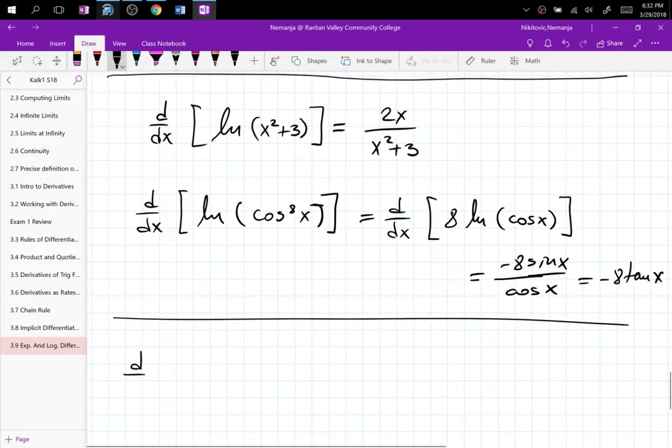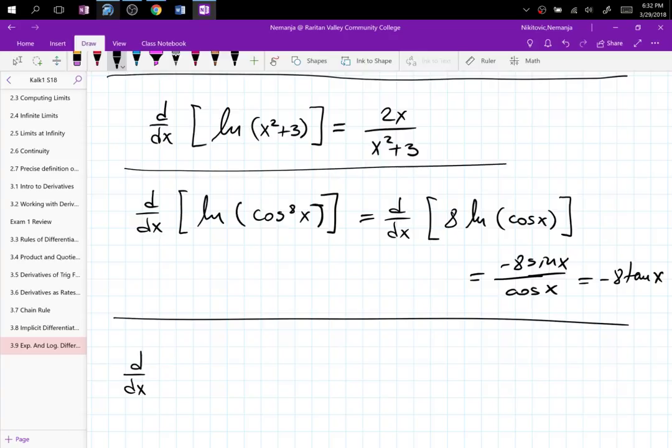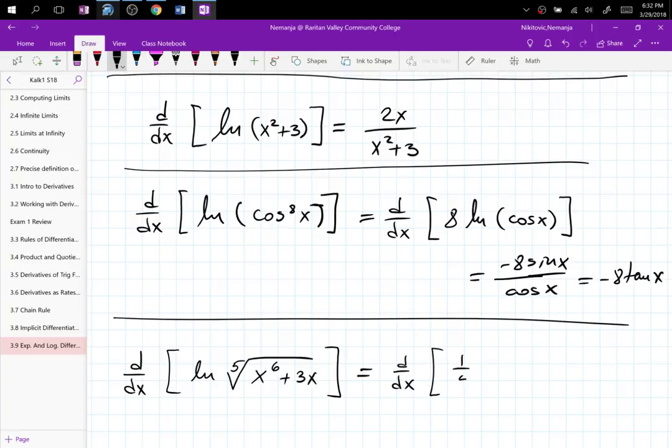Let's take the derivative of ln of the fifth root of, I don't know, x to the 6 plus 3x, whatever. You're going to do the same. This fifth root is 1/5 in front. So we have the derivative of 1/5 of ln of x to the 6 plus 3x.